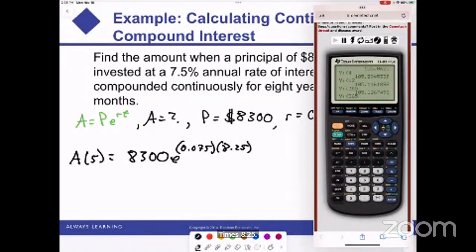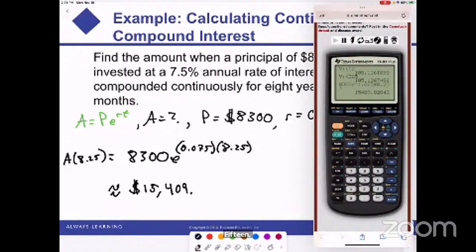That's really supposed to be 8.25. The answer is $15,409.83.